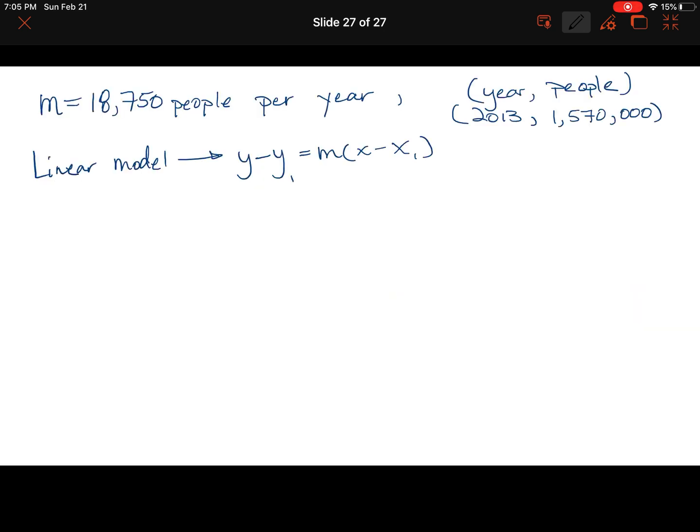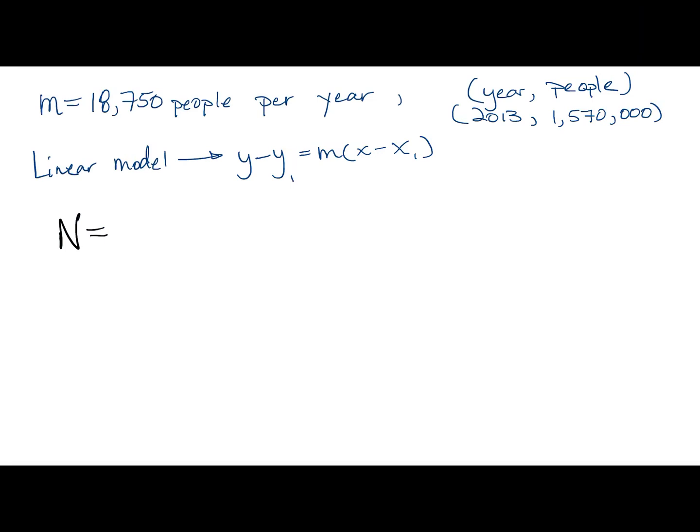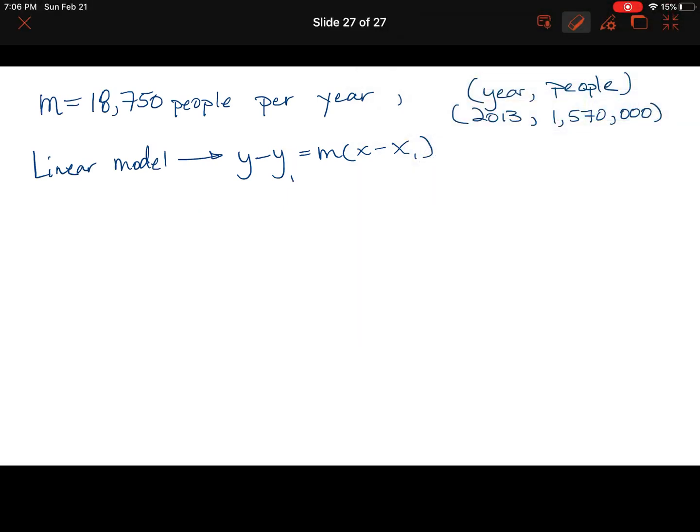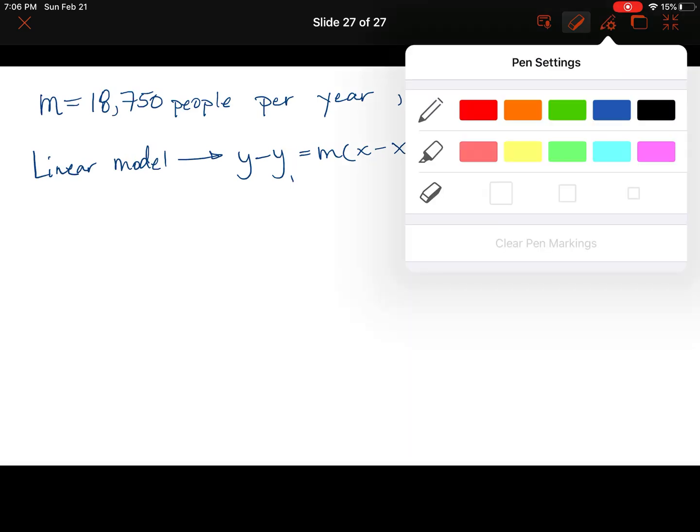I left us a blank screen over here. So we have N prisoners is equal to m times x plus b. Well, not so much plus b, I didn't even mean to write that. We're supposed to be doing point slope.